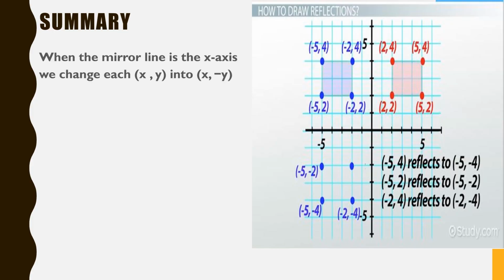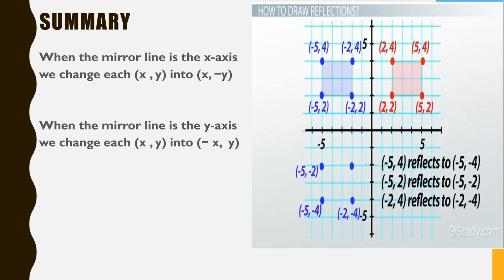So here's a quick summary. When the mirror line is the x-axis, we change each (x, y) into (x, -y), meaning that the x coordinate remains the same while the y coordinate is being negated. When the mirror line is the y-axis, we change each (x, y) into (-x, y).